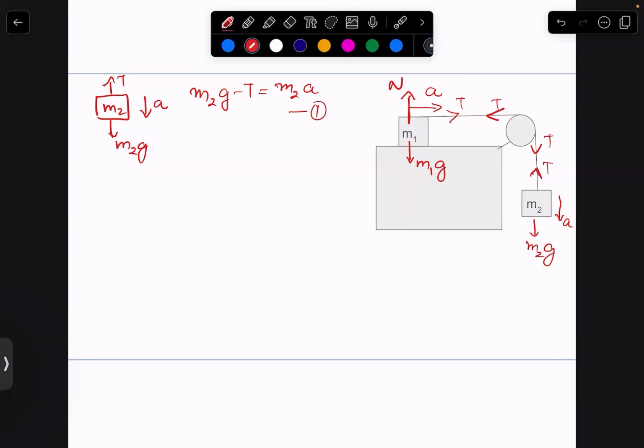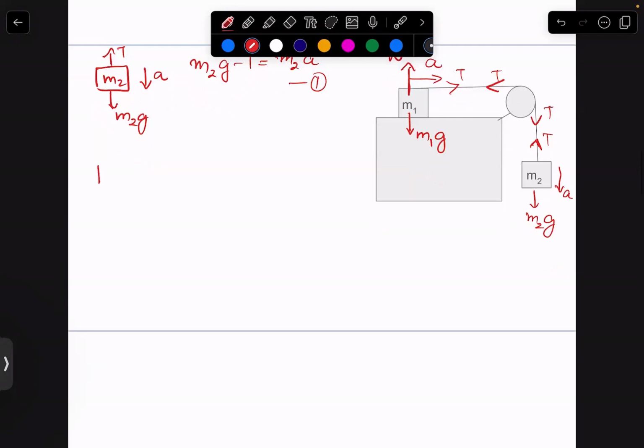Then you have the free body diagram of mass M1. You have this M1G acting like this. Then there's this horizontal force that is T acting here. And there is this vertical N acting here. And this whole system is going rightwards with an acceleration A. Vertically, there is no movement happening, right?